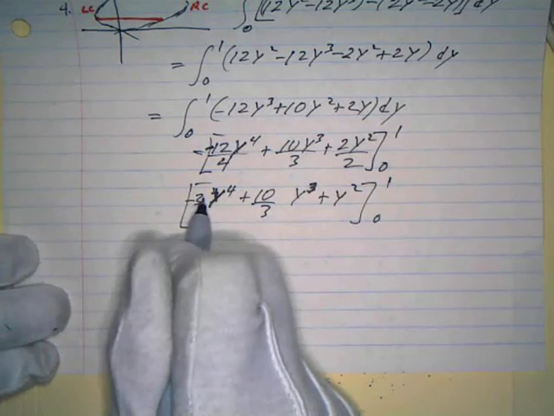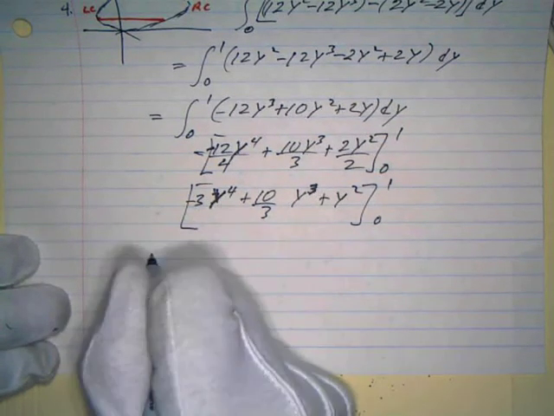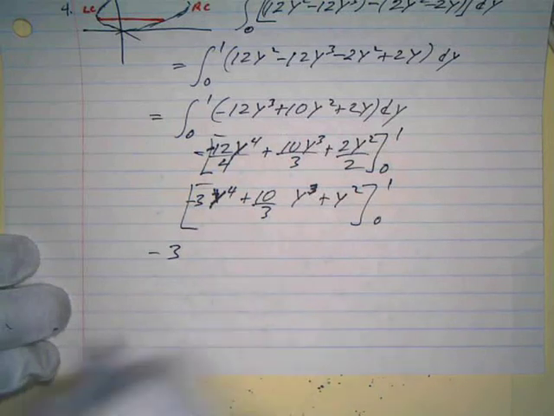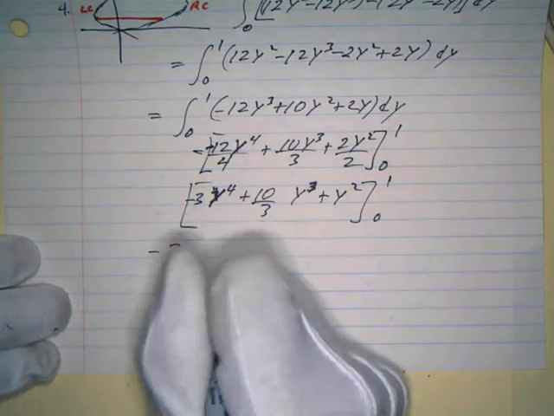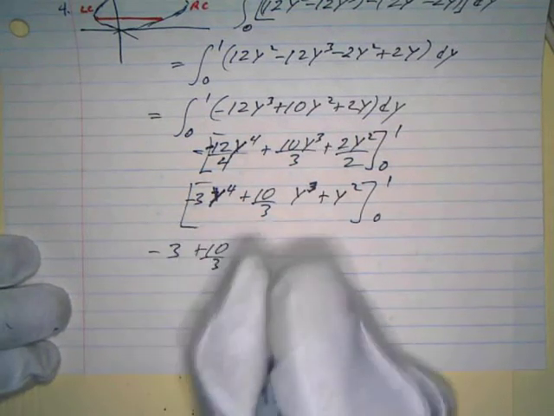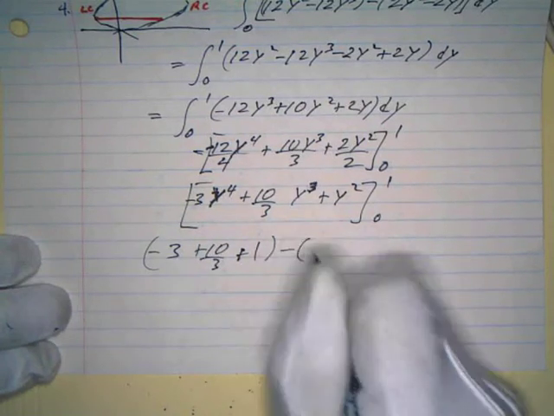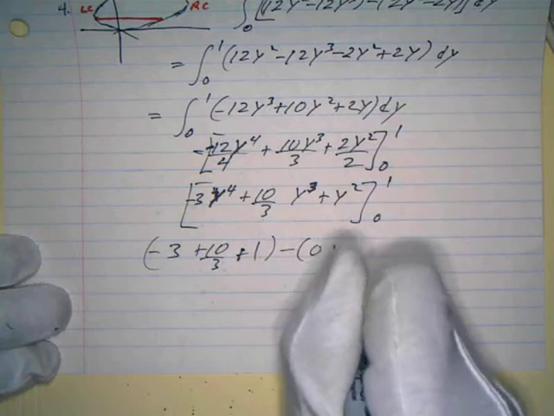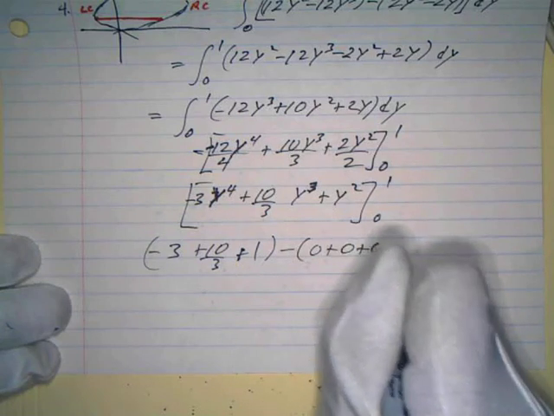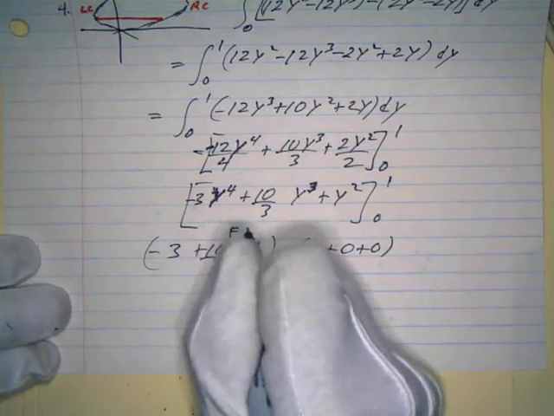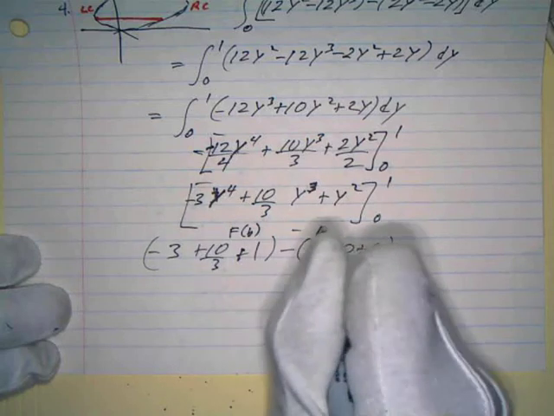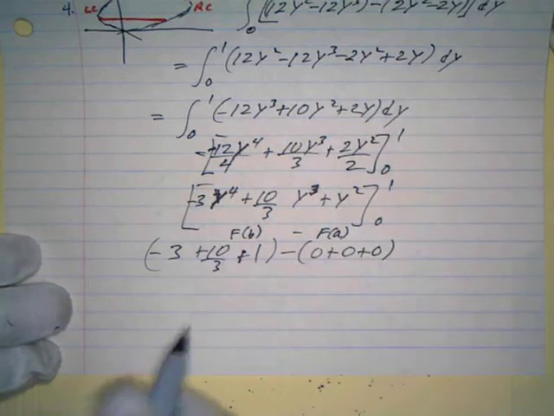So when we put this in, y to the 4th is 1, so just negative 3 plus 10 thirds plus 1, and then minus, and this is just going to be 0, 0, 0. Again, this is my F of b minus F of a, fundamental theorem of calculus.